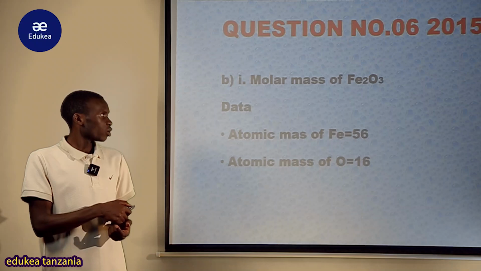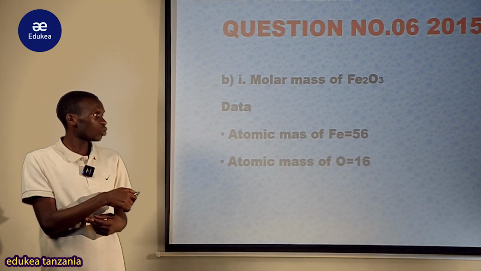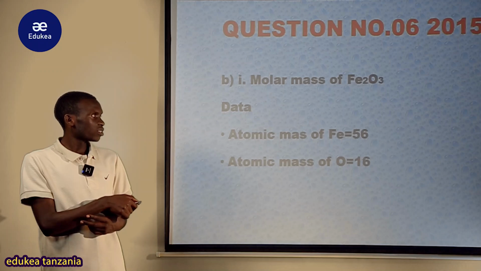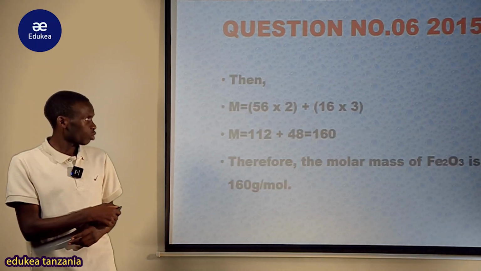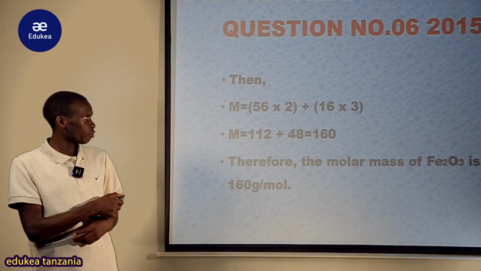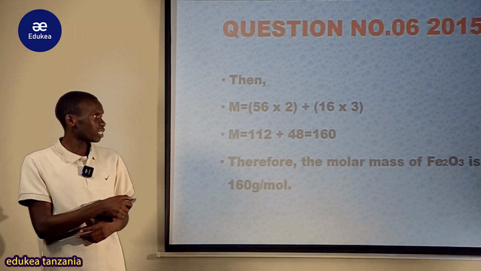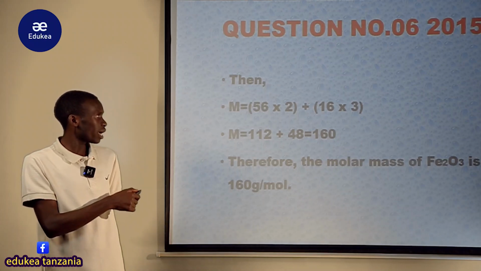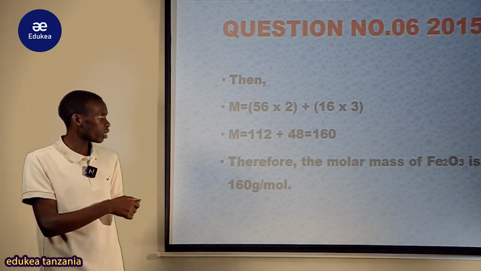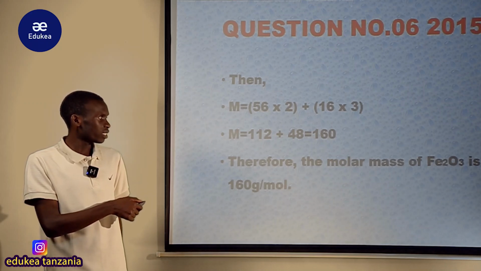After then, we will take 56 times 2 plus 16 times 3. So the molar mass will be 56 times 2 bracket plus 16 times 3 bracket. If we multiply, you get 112 plus 16 times 3, you get 48.